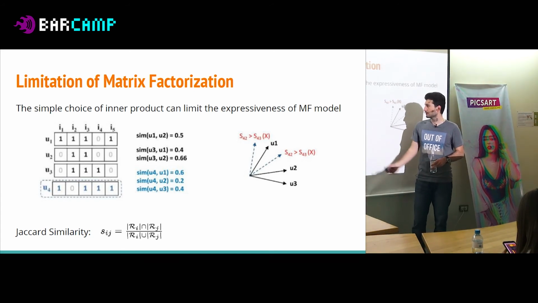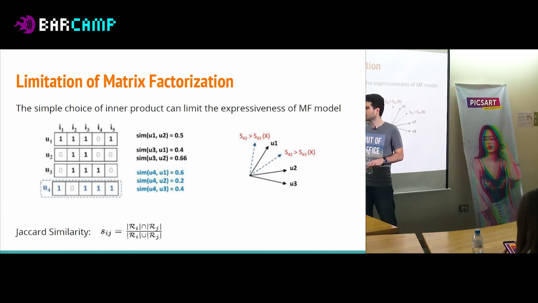So how can we calculate it on this toy example? Imagine that this is a user with ratings to different items. This is user 2. We can first look at the intersection, which in this case obviously is going to be this, those items that both users mutually interacted with. And the union is going to be all items they have interacted with, unique items.